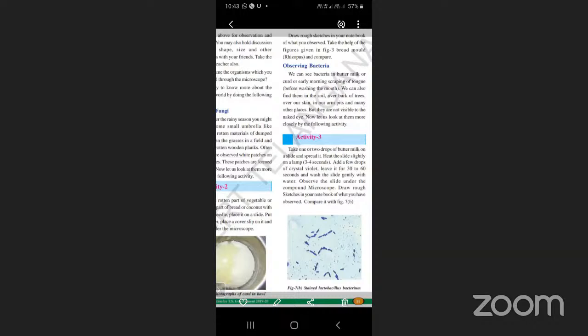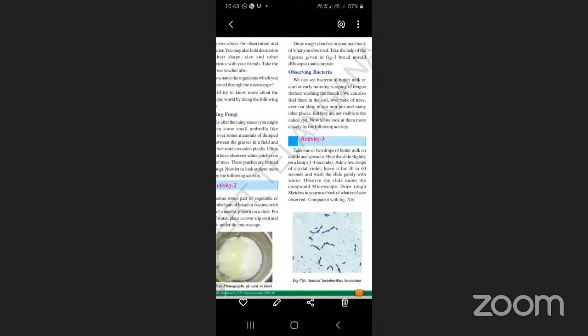In your higher education, like in intermediate, you will have these particular slides and specimens. As usual, the teacher will show the slides, tell the name, and discuss. But in the practical exam, they won't mention the name of the slide. Directly they will arrange the slide and the view.